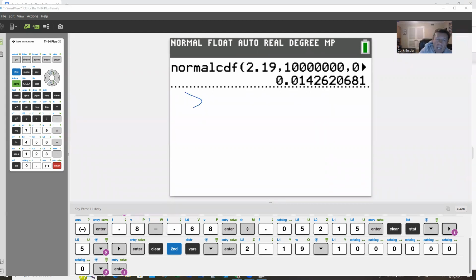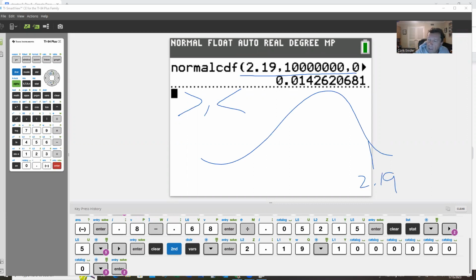A one-sided test is greater than or less than, okay? And this is a one-sided test because I was testing the z-score 2.19, which is down in the right-hand tail, up to infinity on the right-hand side. All of a sudden, they ask you, HA is now pi or P is not 0.5.